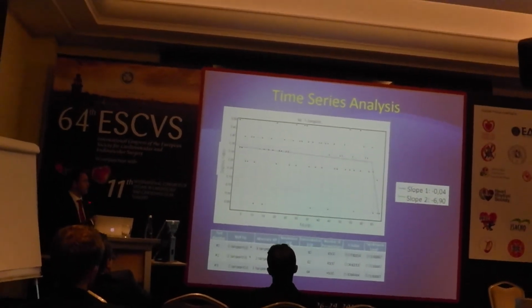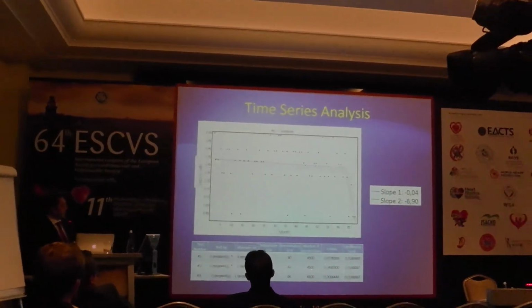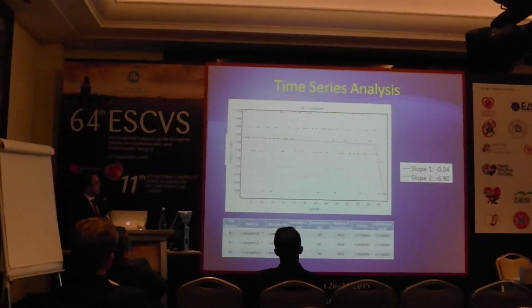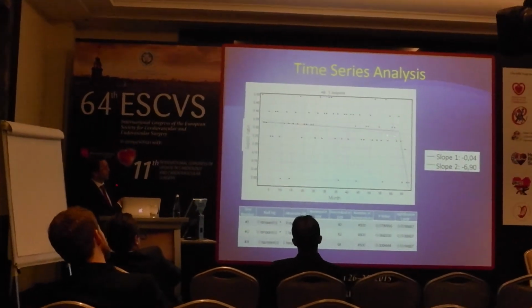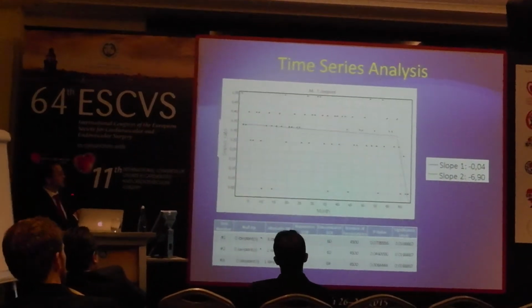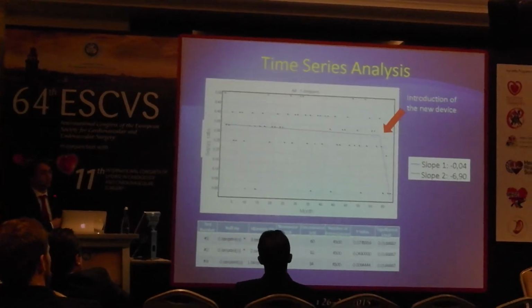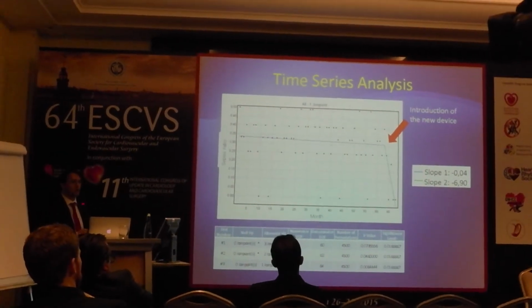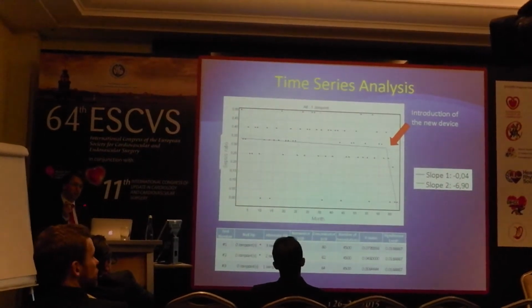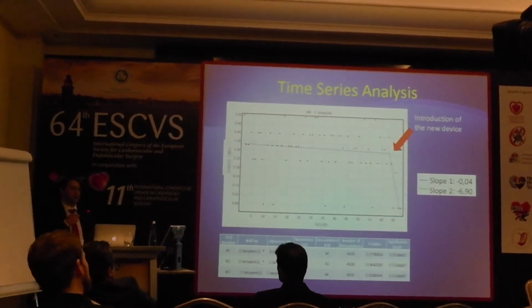That's also important. So here we have the statistical analysis with the p-value, and as you can see, the computer analysis shows us that there is a joint point, an angulation, exactly here when we introduce the device. Not before, not after. Of course, there can be an interval of confidence. It can tell you the months before or after.